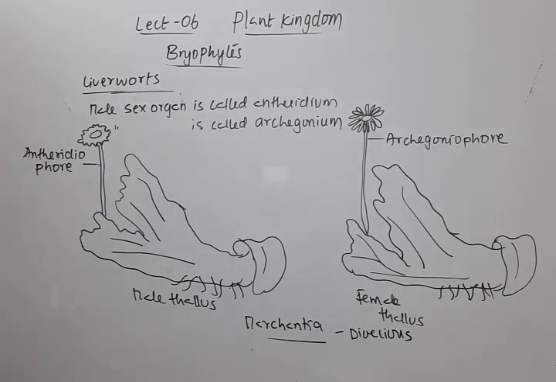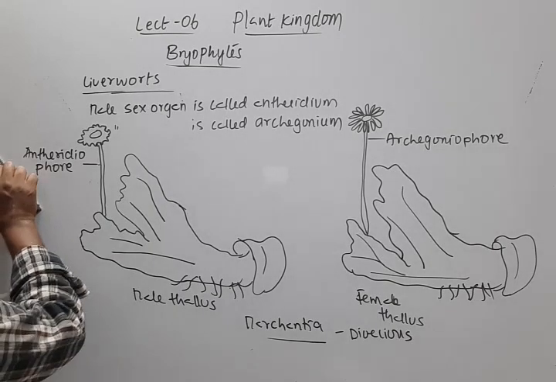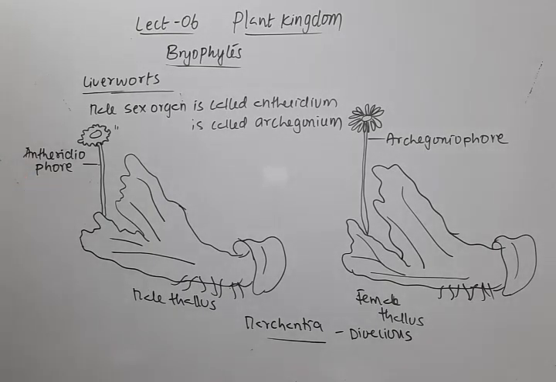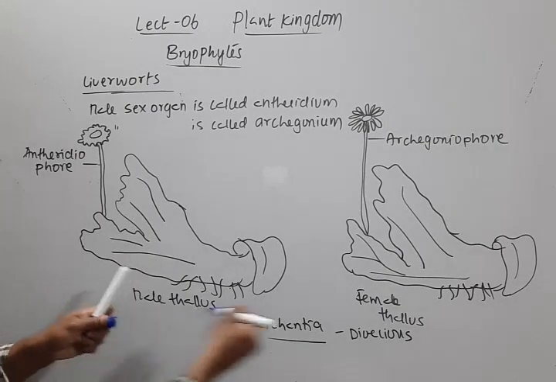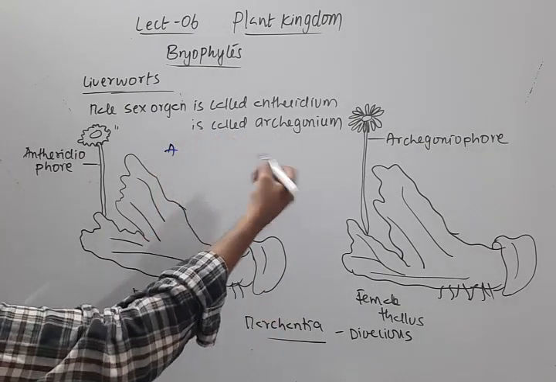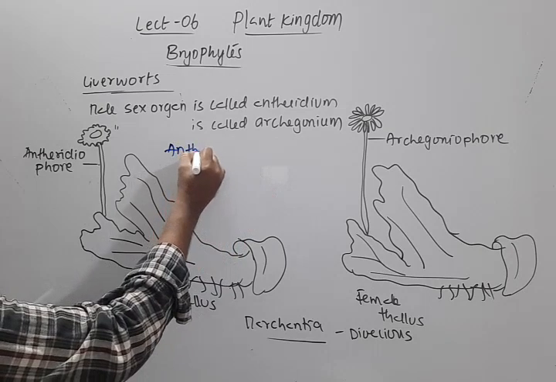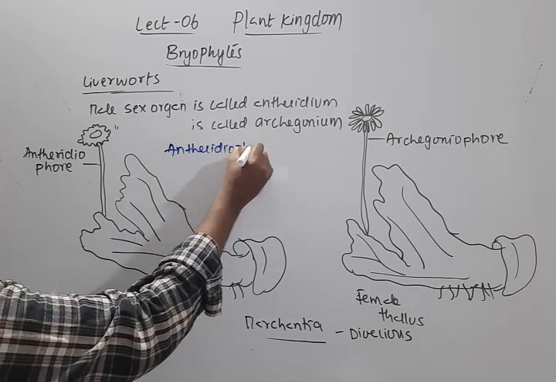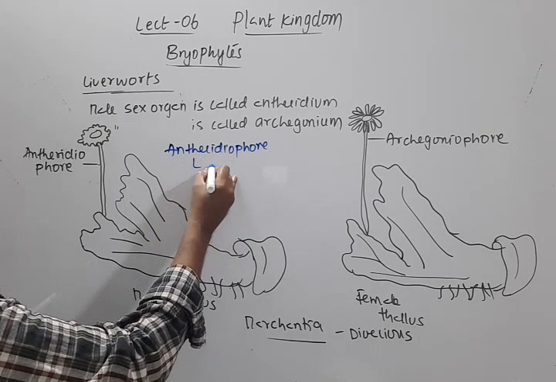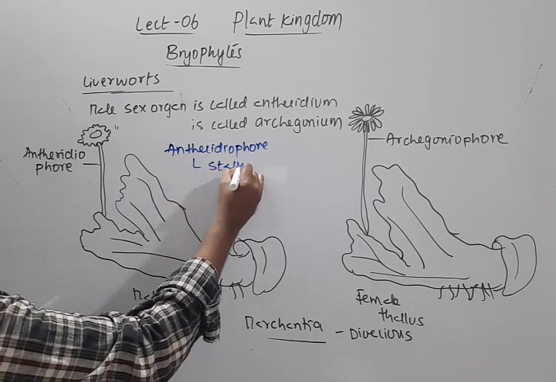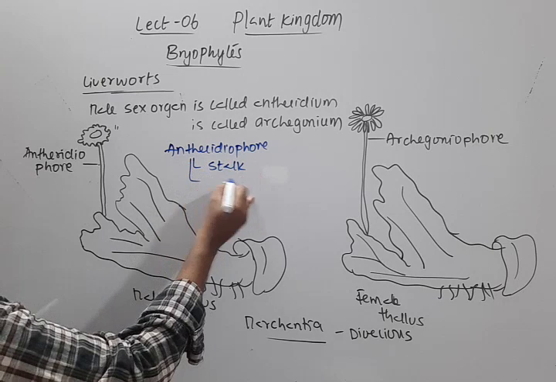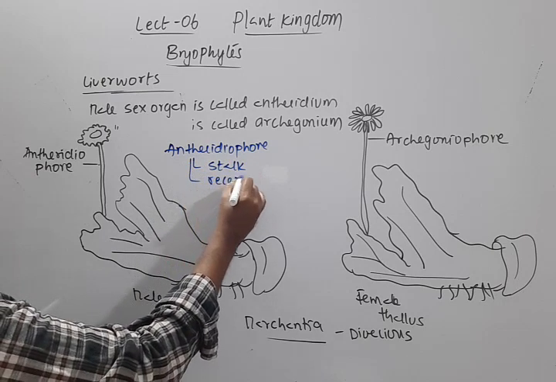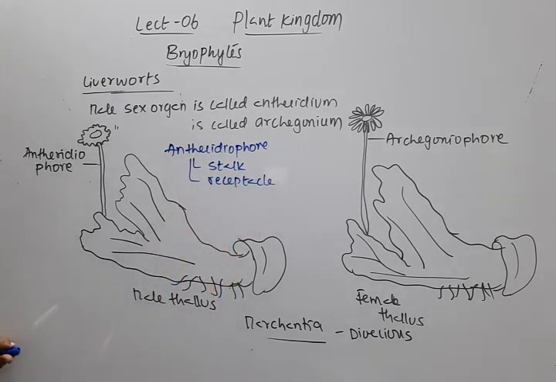Now, let's look at this antheridiophore and also archegoniophore. The antheridiophore consists of two parts, one the stalk and another called the receptacle.